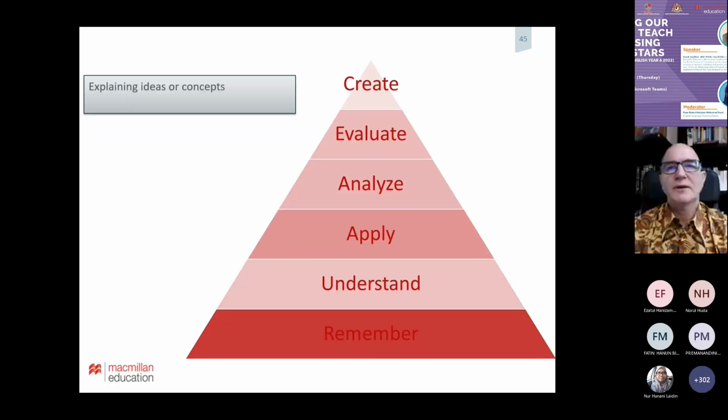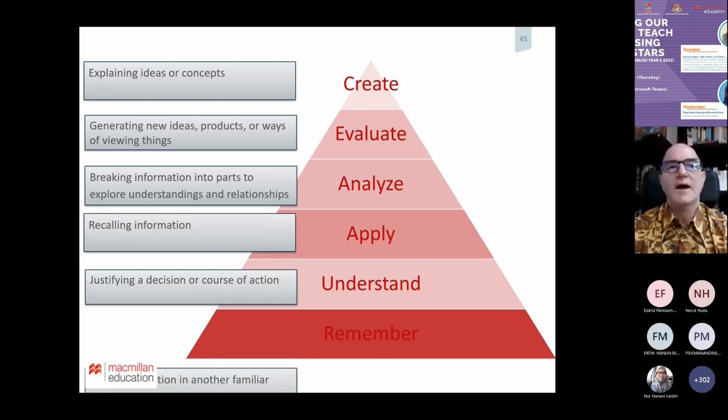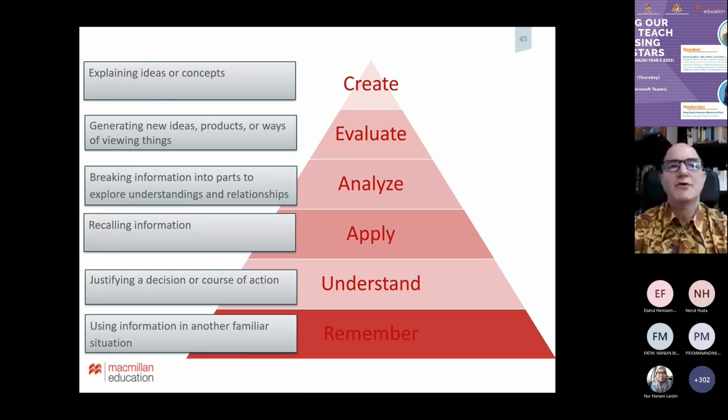So here we have the pyramid, and I've got some definitions here. Because I'm very conscious of time, I'm going to move these across for you. I'll give you 30 seconds, just read them and see if you can match the descriptions to the example in the taxonomy.